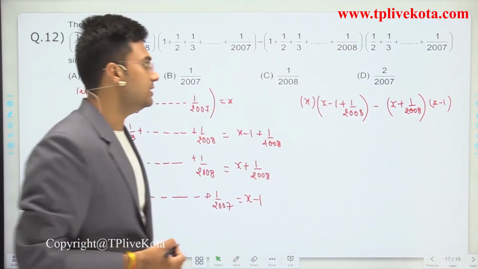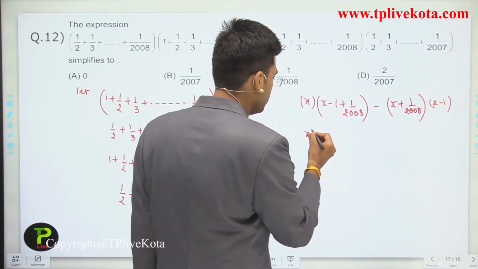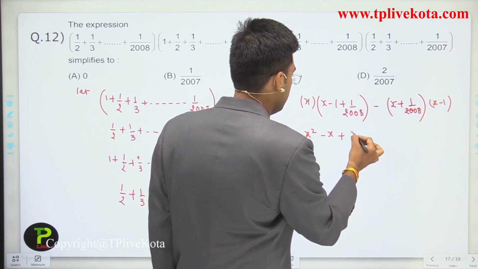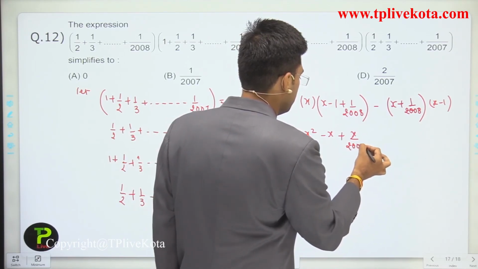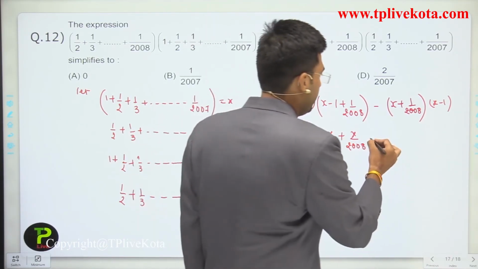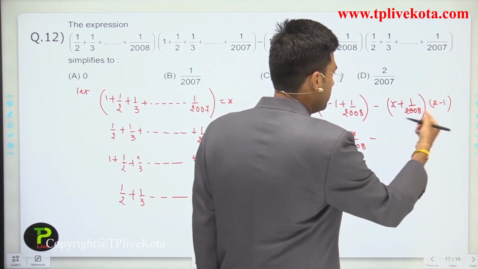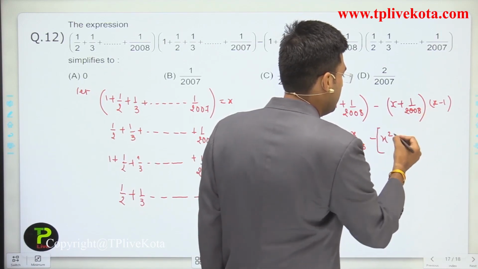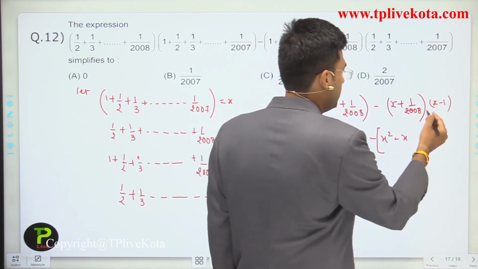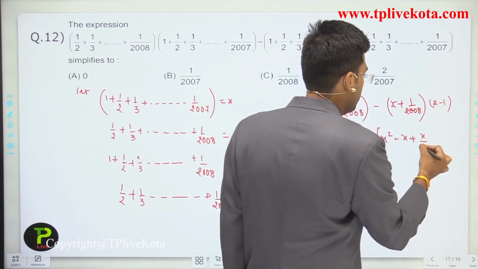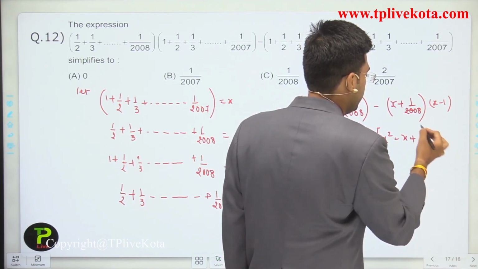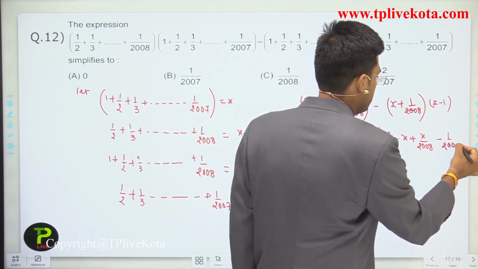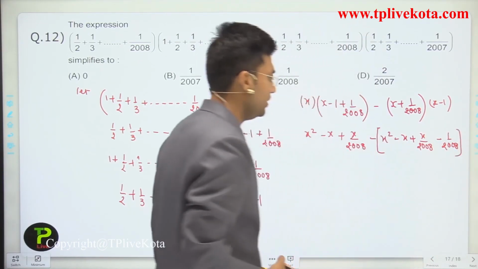Now solve this. It is equal to x square minus x plus x upon 2008 minus, when we solve this, we will get x square minus x plus x upon 2008 minus 1 upon 2008. Okay.